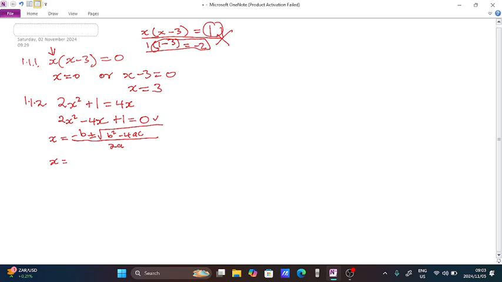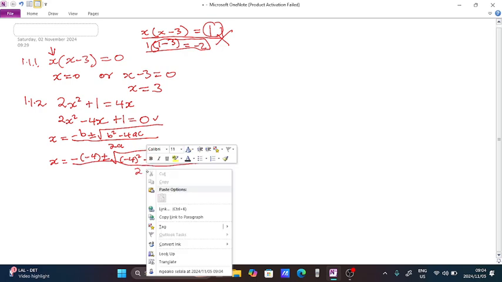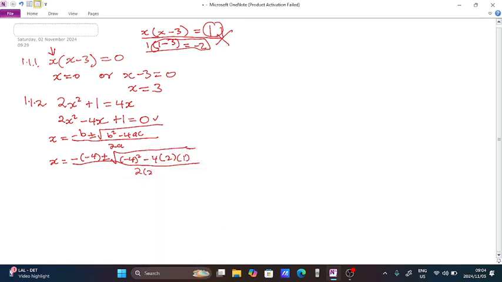Right, x equals to, now the value of b is negative 4, so it's negative into negative 4, plus minus the square root of negative 4 squared minus 4 into, what is the value of a? 2, and c is positive 1, all over 2 into 2.